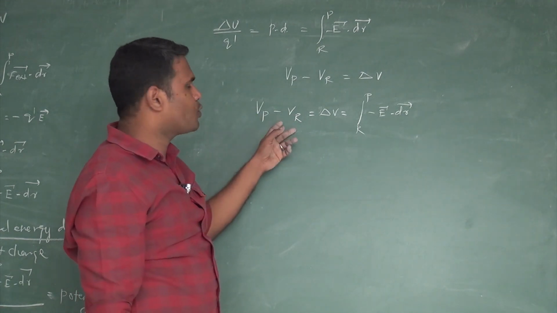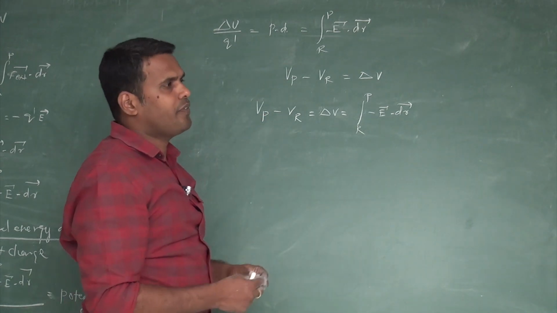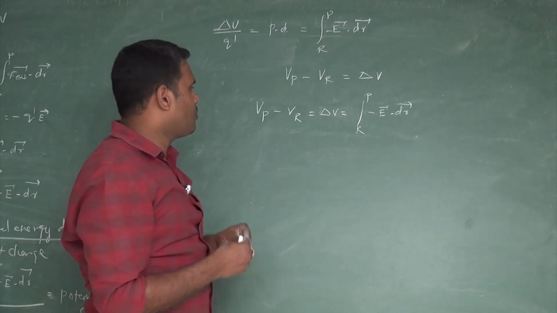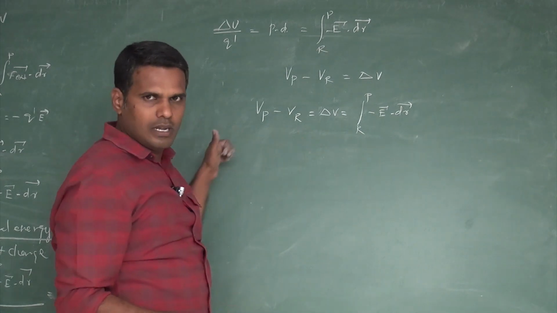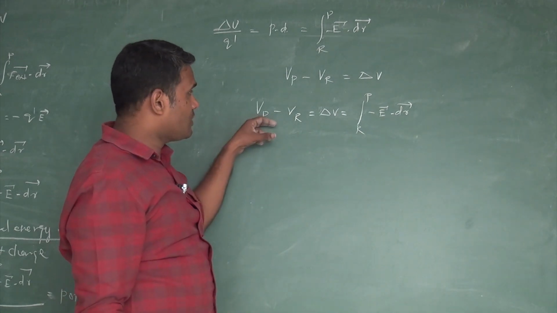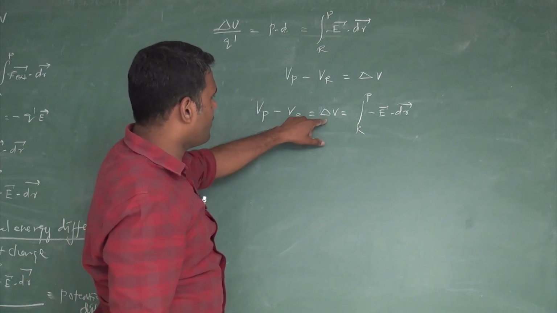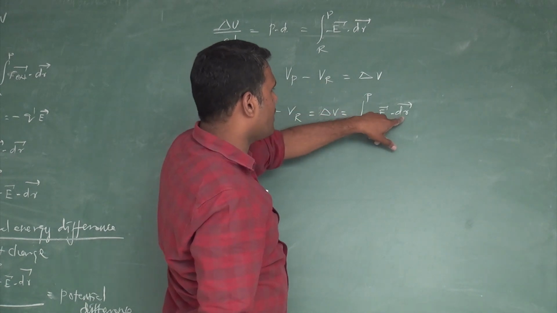Potential difference between the two points P and R, or between any two points, is defined as the amount of work done by an external force in moving a unit positive charge with a constant velocity from one point to another. So what is potential difference here? Vp minus Vr equals delta V, which is equal to the integral R to P of minus E vector dot dr vector.